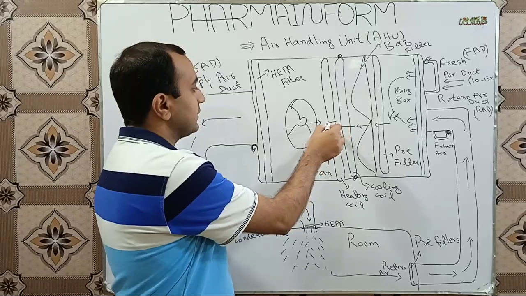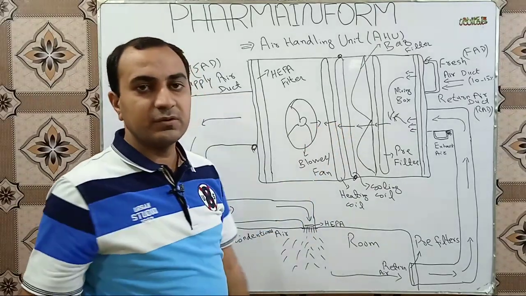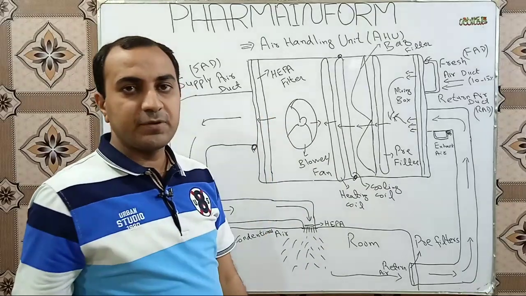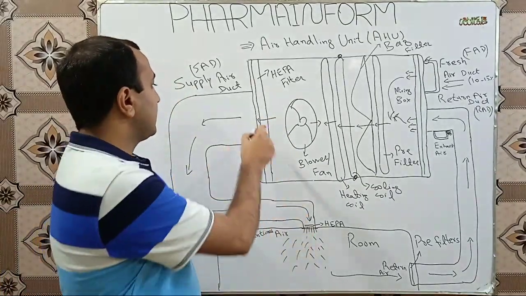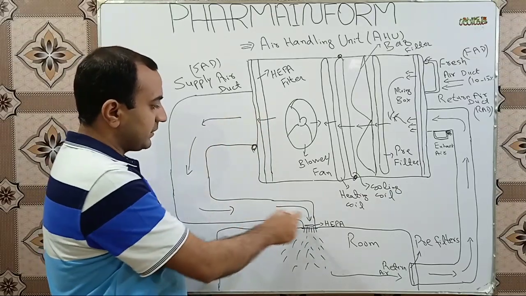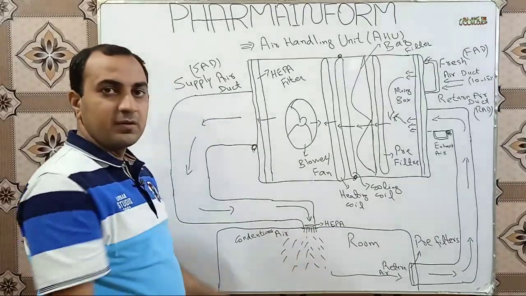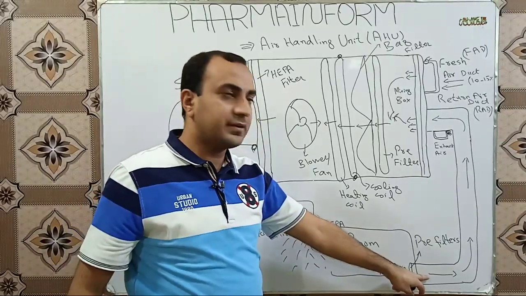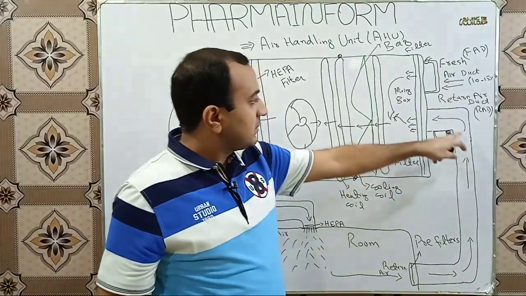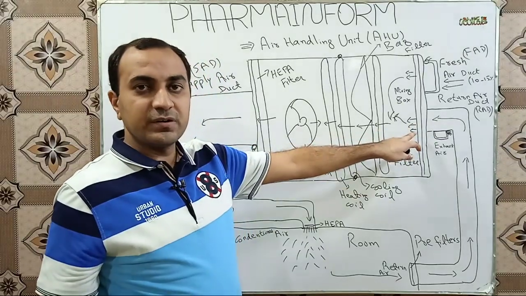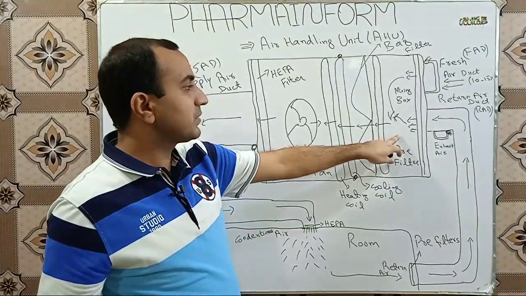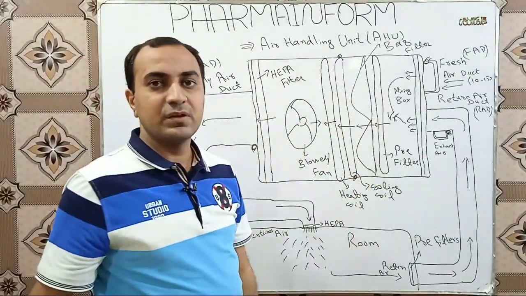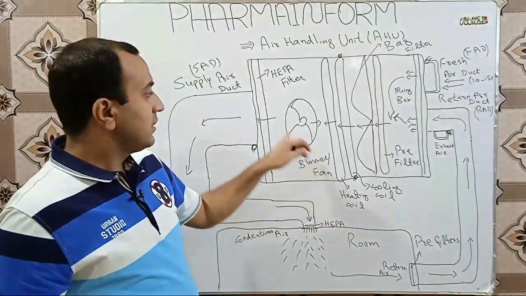If we want heating, it passes through the heating coils, then it passes through the HEPA filters, and from HEPA it is supplied into the room. From the room this air leaves through the return duct, and then through return ducts it again comes into the mixing box, and this cycle continues and goes on.